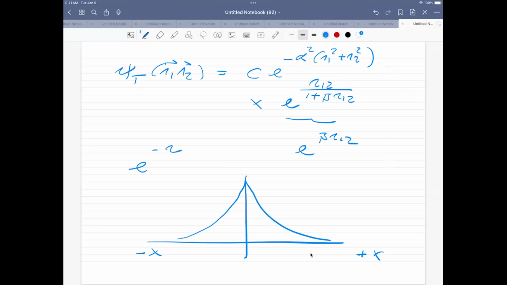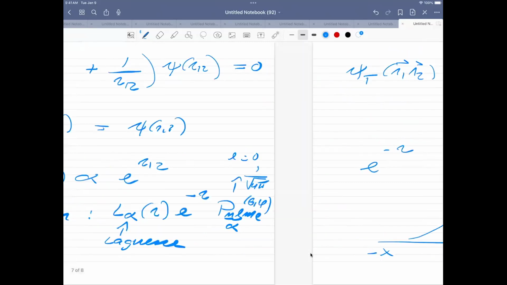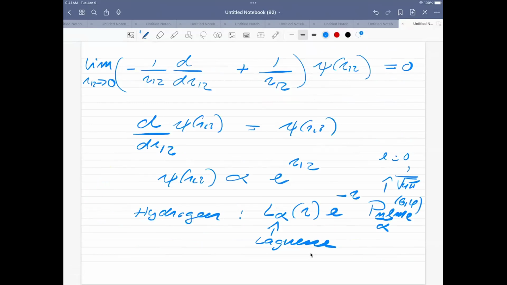Some of you may have encountered that wording in quantum mechanical studies. It's called a cusp condition. So the cusp condition is simply that your wave function should be able to catch the cancellation of this term with that term. So you have a divergence from kinetic energy, which cancels the divergence from the potential energy.